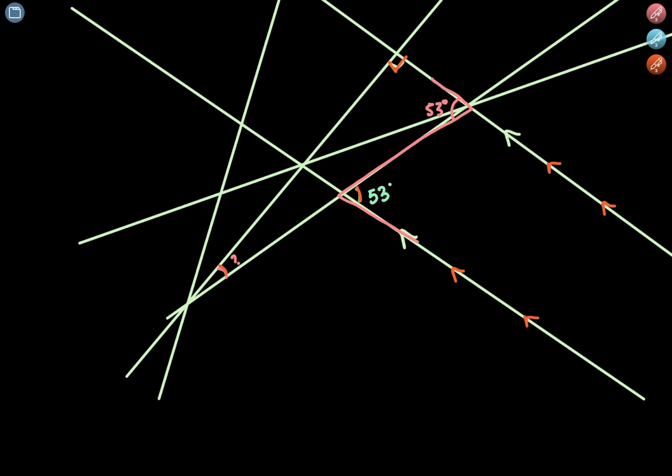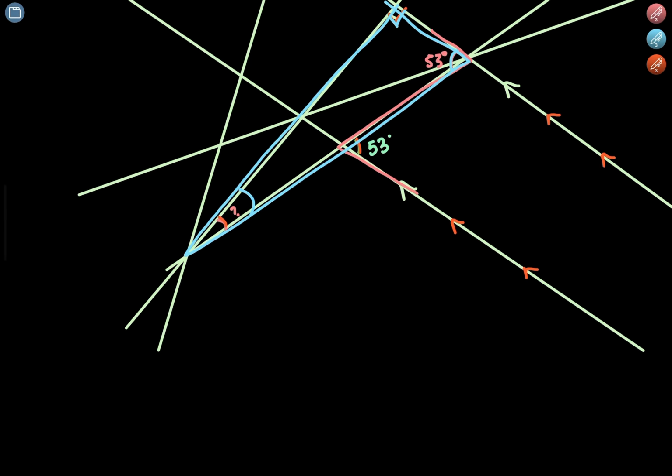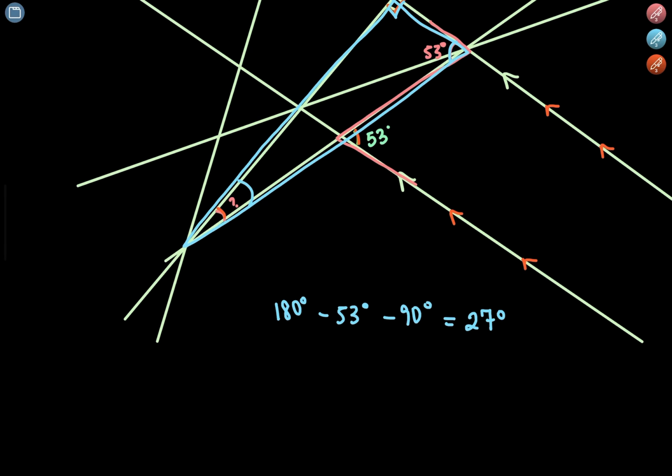And now we wonderfully have a triangle like this with a 90-degree angle. We already know this is 53, and all we have left is to solve for our missing angle. So we'll use the angles in a triangle: 180 degrees total minus 53 degrees minus 90 degrees equals 27 degrees, which is what our question mark angle equals.